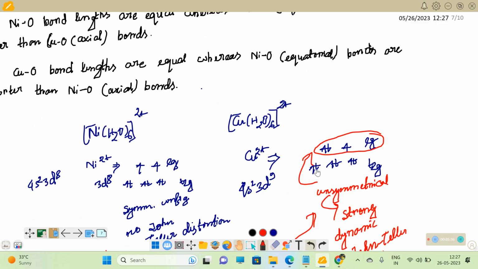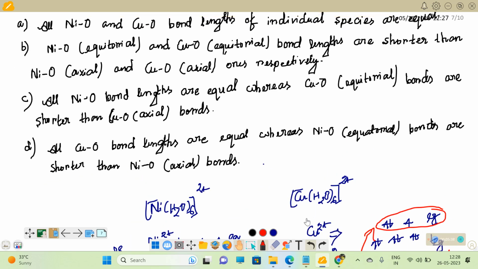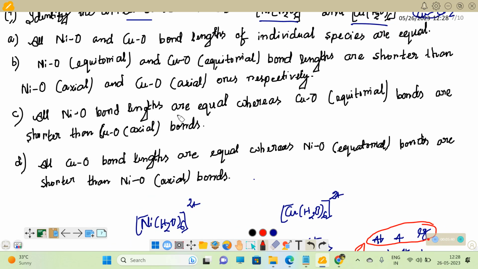So find the correct option for this. Ni-O bonds are equal, whereas in Cu the equatorial bonds are shorter than the axial bonds. The same thing is written here. So this will be the answer.